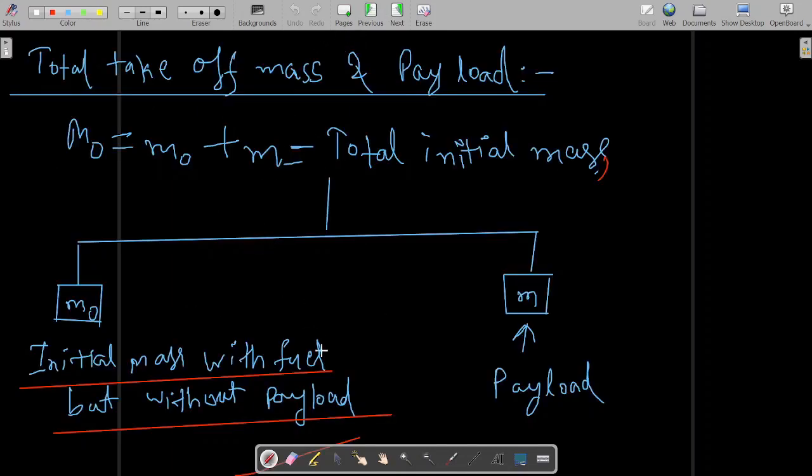That is the meaning of initial mass with fuel but without payload, and this is payload. So this is your total initial mass. It is capital M naught, small m naught plus m. Small m is mass of payload, small m naught is initial mass with fuel but without payload.